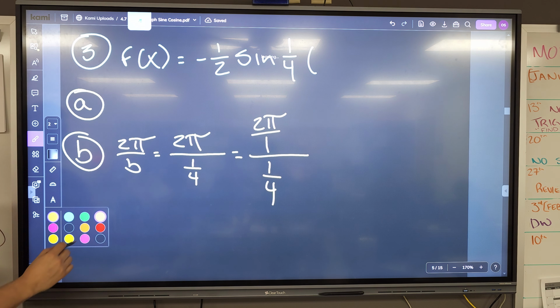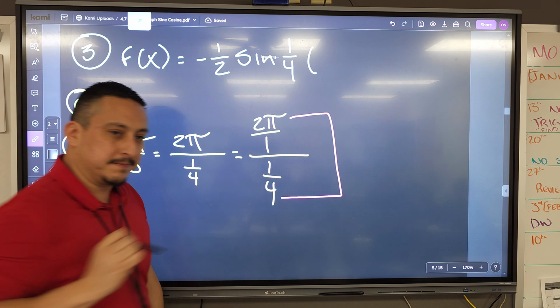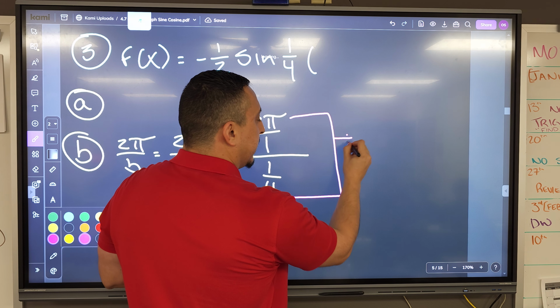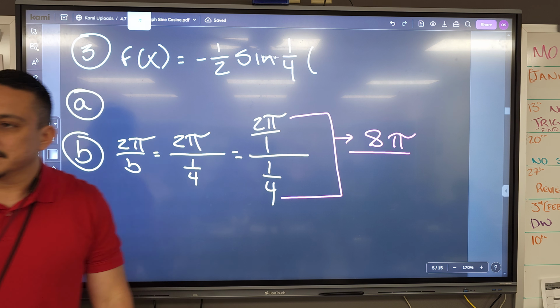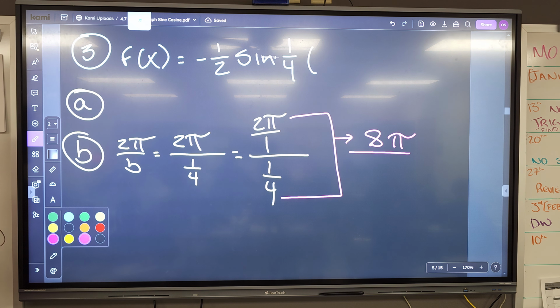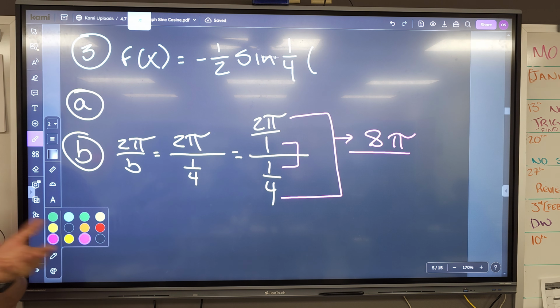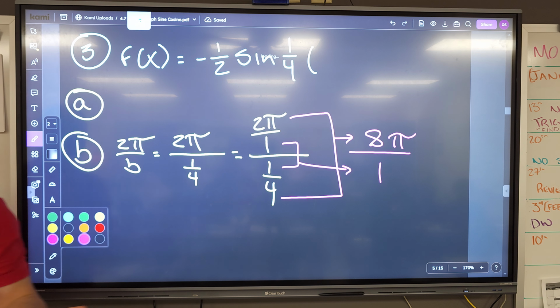And the reason we call this the hamburger is because we do the top times the bottom, the buns of the hamburger, and you multiply them, and they go to the top. And then you do the middle, the meat and the cheese or whatever, and that goes to the bottom. That's how you divide fractions.